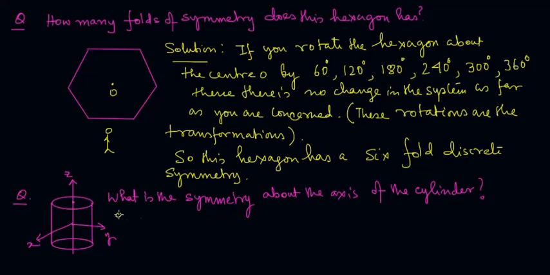Now you are standing here, suppose, and you rotate this cylinder about the axis. Even if you rotate at a very small angle, the cylinder doesn't change. Suppose there is a point here and the cylinder is polished, so this point will come here, right?